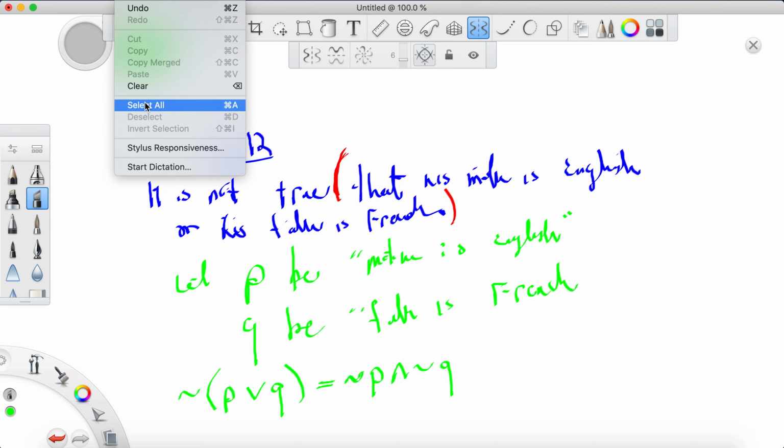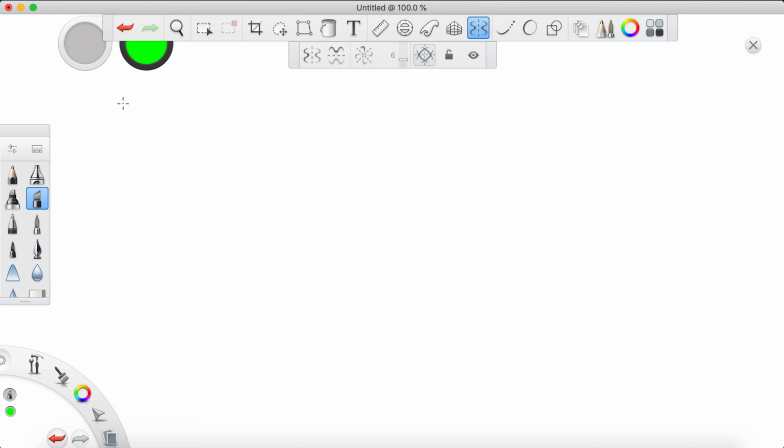Okay. For the next problem, we're going to simplify a few more statements. So this one is from 2.13.